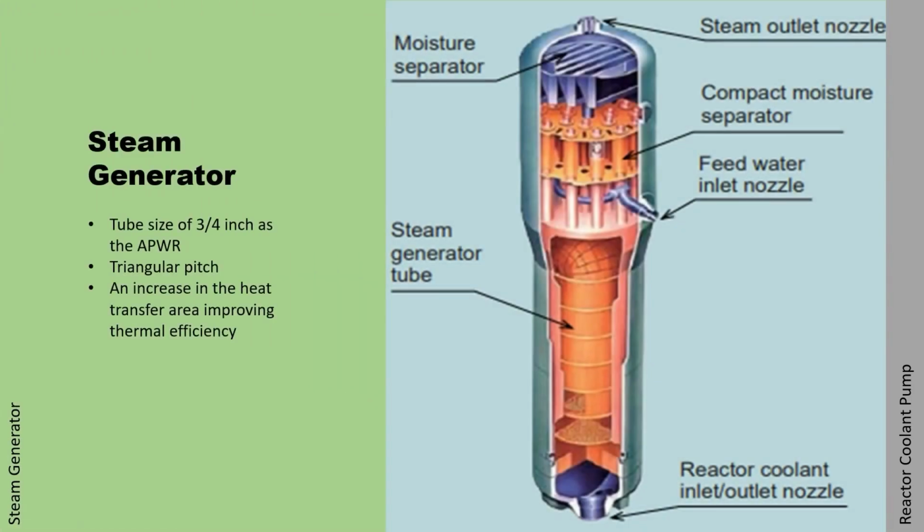The US-APWR has steam generator tubes that are the same size as the APWR's, 3/4 inch, but their arrangement has been modified from square pitch to triangle pitch, the exceptional performance of which has been demonstrated in operations abroad. This modification increased the heat transfer area, increasing thermal efficiency.